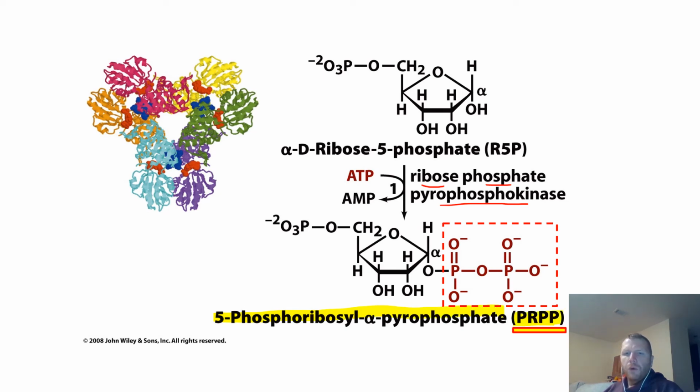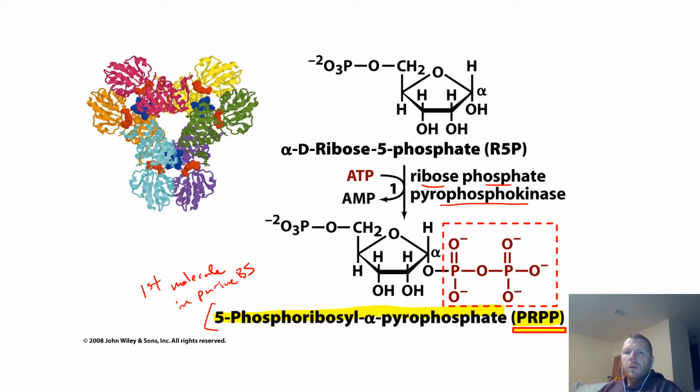This is an important molecule. Think about this as, arguably, our first molecule in purine biosynthesis. Okay, so this molecule is going to come back a couple times. We're going to talk about it a little bit more down the way.